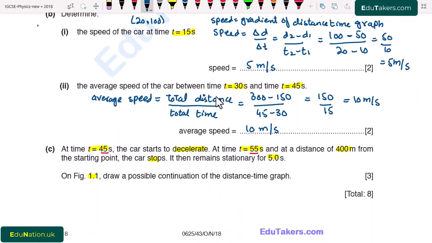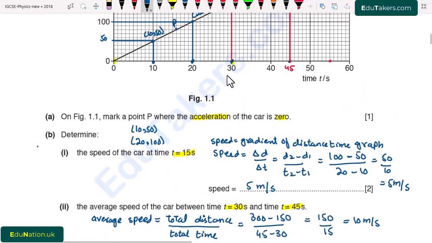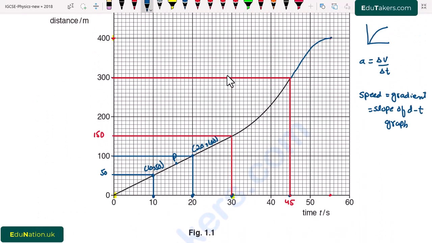And the second part is that at time t equal to 55 second and at a distance of 400 meter, it becomes stationary, which means its speed is equal to 0, and it remains stationary for a further 5 seconds. So this is 55 and it remains stationary for 5 seconds.